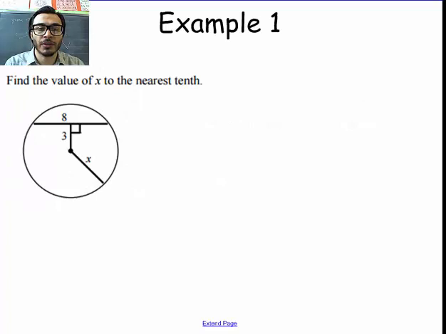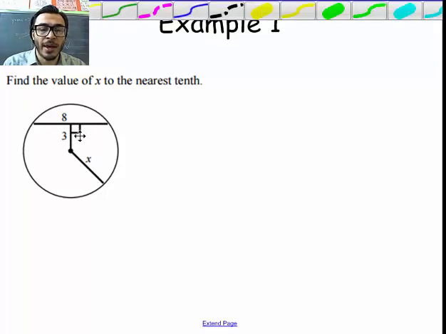So here is the first example. It says find the value of x to the nearest tenth. So we have a chord here, and it measures 8, and then we got a radius here which is x, and we got a perpendicular bisector which is measuring 3, and that perpendicular bisector is of course perpendicular to the chord, and it's also cutting it into 2 equal parts.